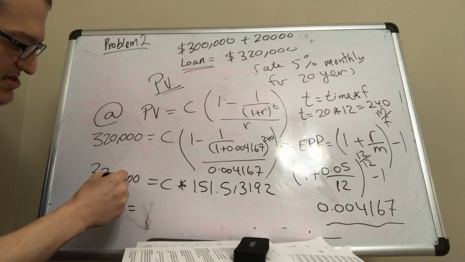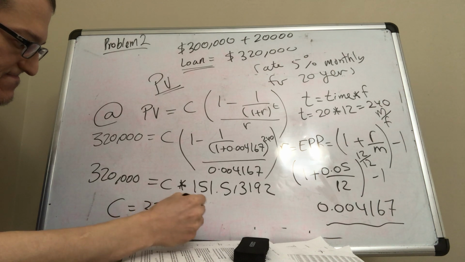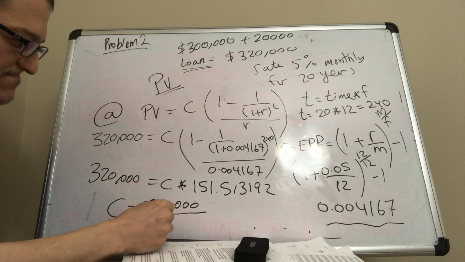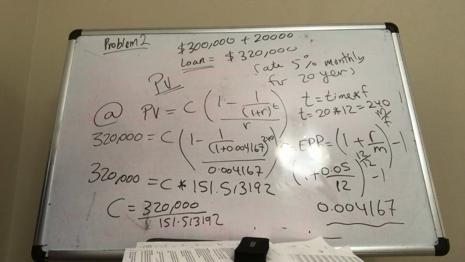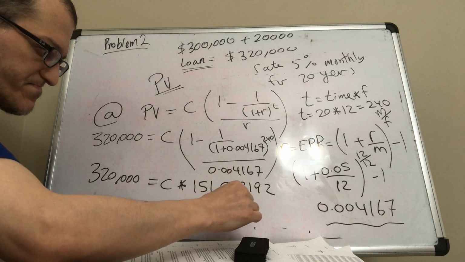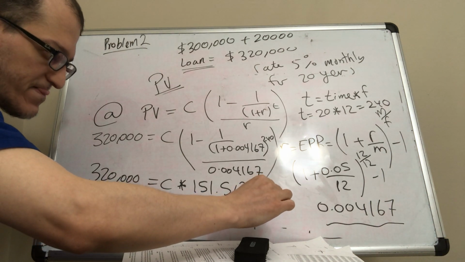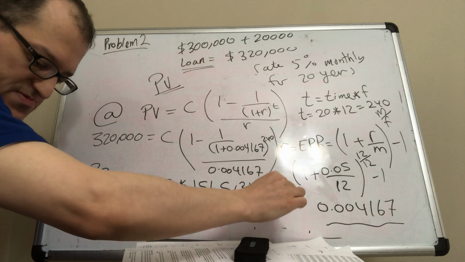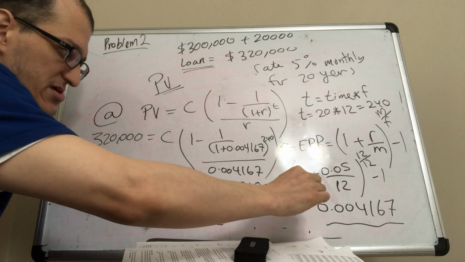So C would be, you take this number and you divide it. It's 2,112.0273.